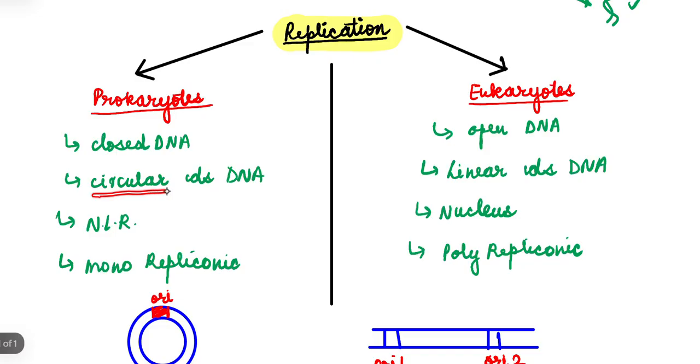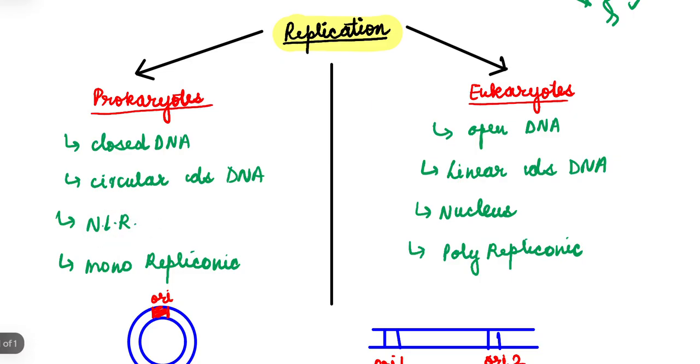In prokaryotes, the DNA is circular as well as double-stranded, like this one. So here we have two strands and they are in circular fashion which are not open from anywhere. But in eukaryotes, there is linear and double-stranded DNA like this. The prokaryote's DNA is located in a nucleus-like region wherein the replication will take place.